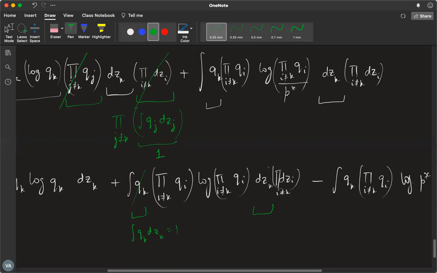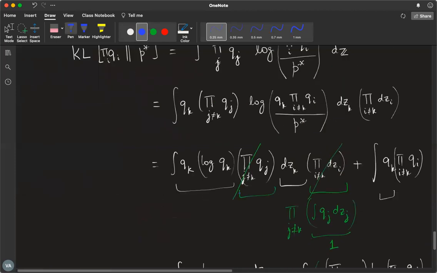So this and this vanish, and only these terms remain. But now you notice that these terms and this term are independent of k, independent of zk or qk, right?